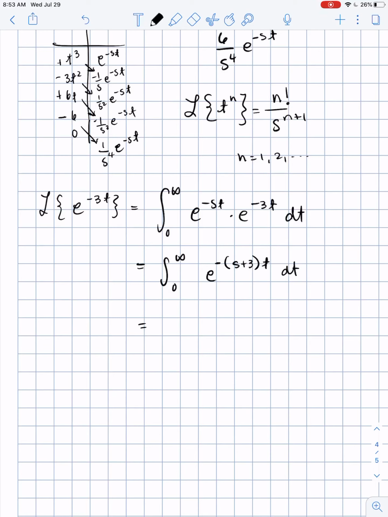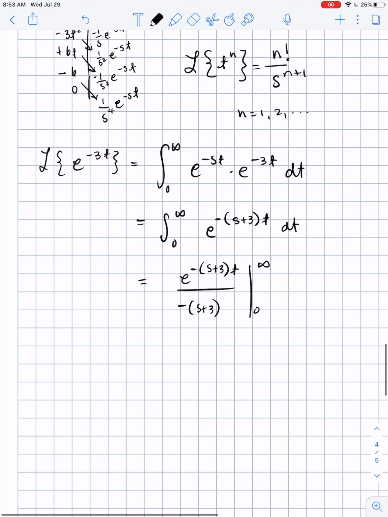You would get e to the negative s plus 3t over negative s plus 3, right? And then when we evaluate, this is going to infinity basically, which is going to give us 0.